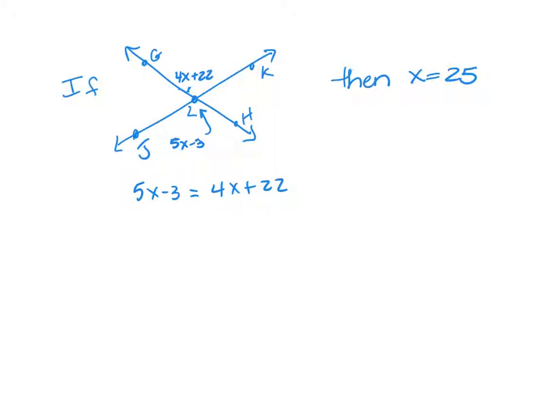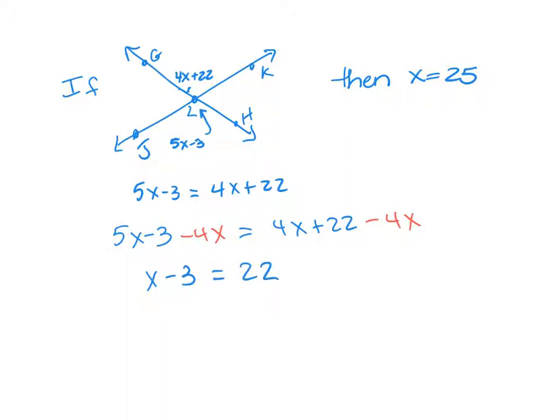So 5x minus 3 minus 4x equals 4x plus 22 minus 4x, right? Then I clean it up, which would be substitution, and I would have that x minus 3 equals 22.